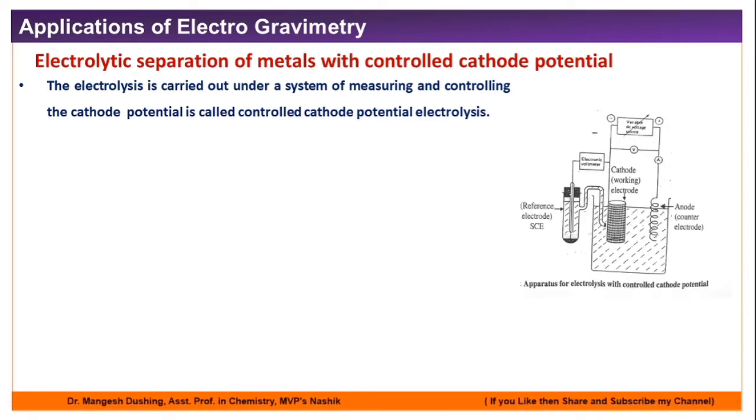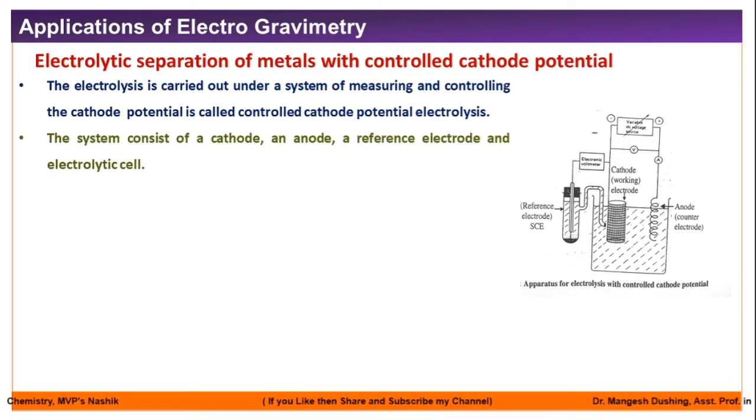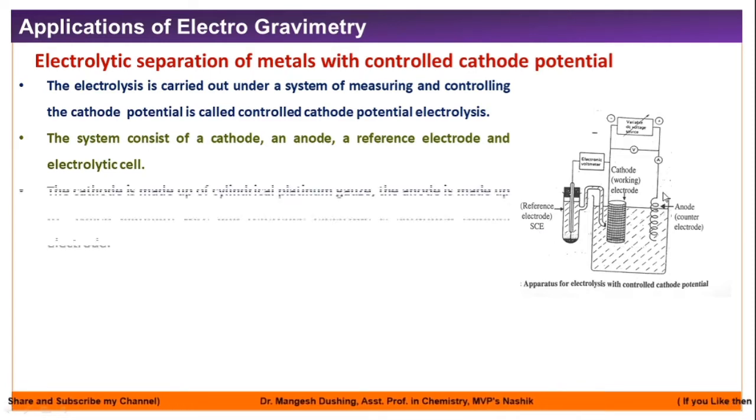This is the particular apparatus which is used for electrolysis with controlled cathode potential. This apparatus consists of a cathode, an anode, one reference electrode, that is a saturated calomel electrode, and an electrolytic cell.